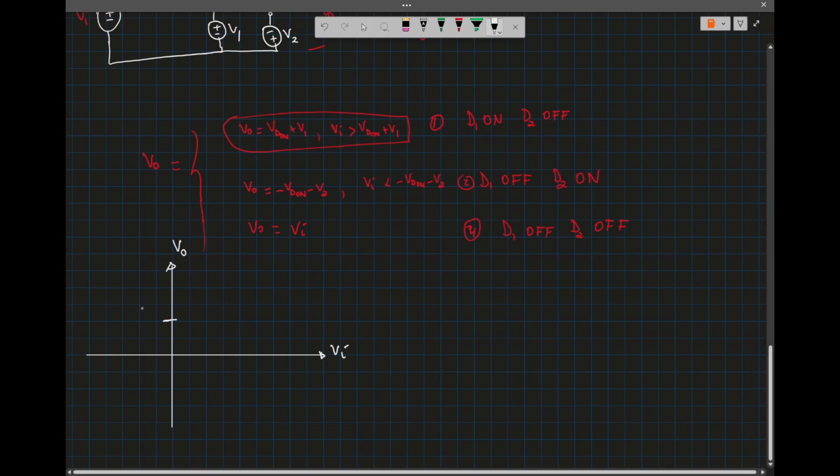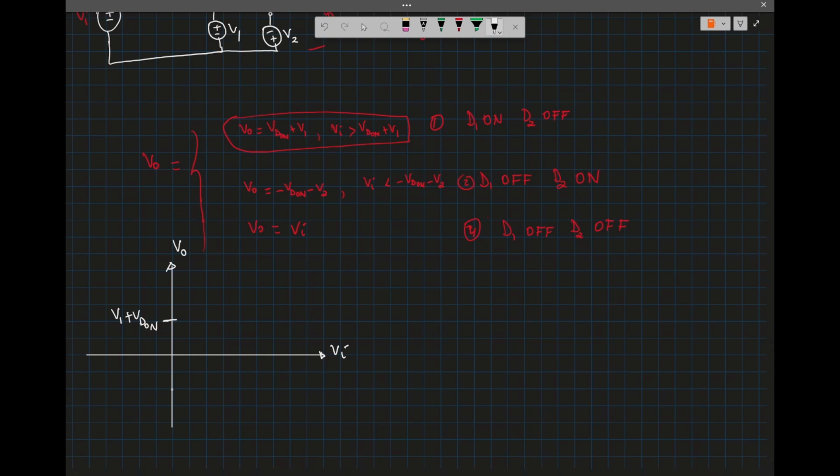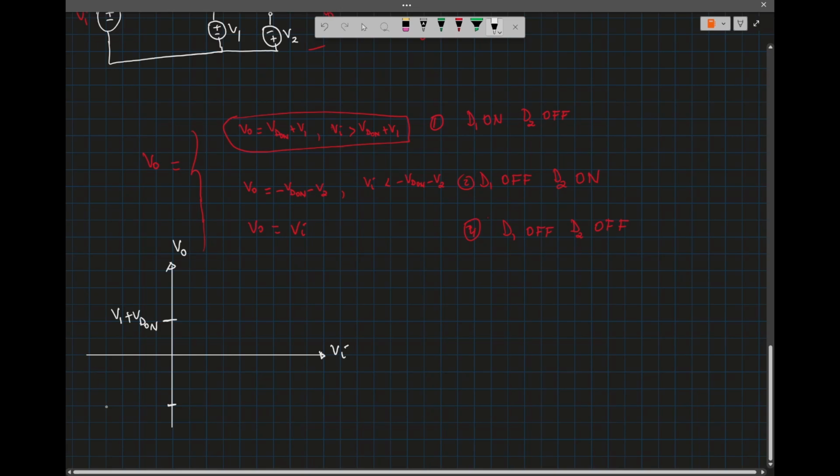We have V1 plus VD1, and minus V2 minus VD1.